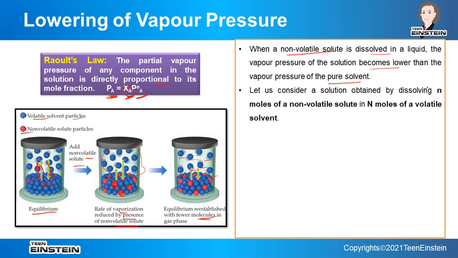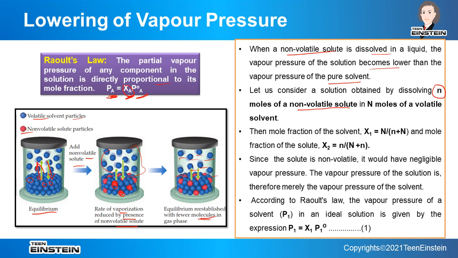Now suppose we have dissolved small n moles of non-volatile solute and capital N moles of volatile solvent. So small n for solute and capital N for solvent. The mole fraction of the solvent, that is x1, or you can say xa, whatever it is, will be capital N divided by the total number of moles of solvent and solute.